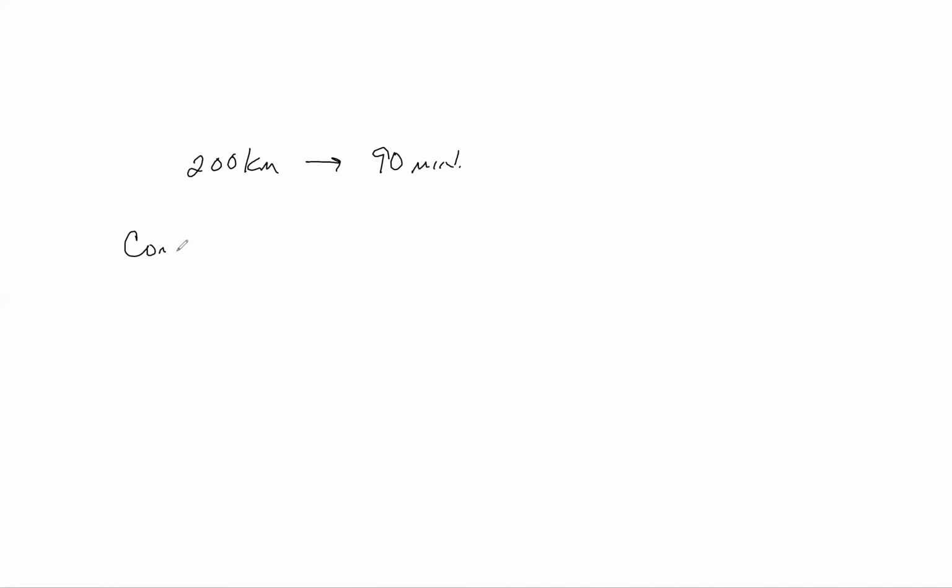Communication satellites are located about 5.6 Earth radii above the Earth, and they have a period of about 24 hours.